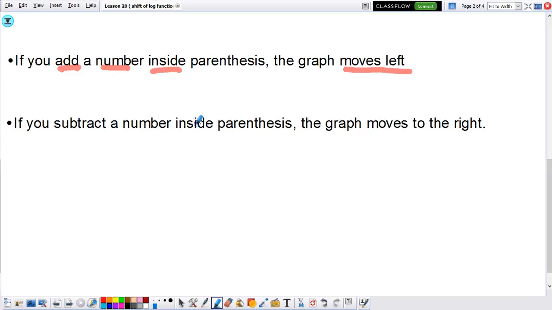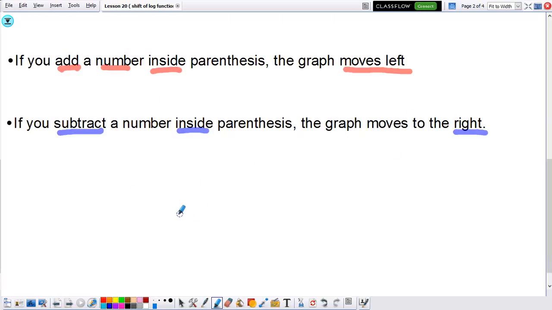And if you subtract a number inside, then the graph is going to move to the right. So outside, up and down; inside, left or right.